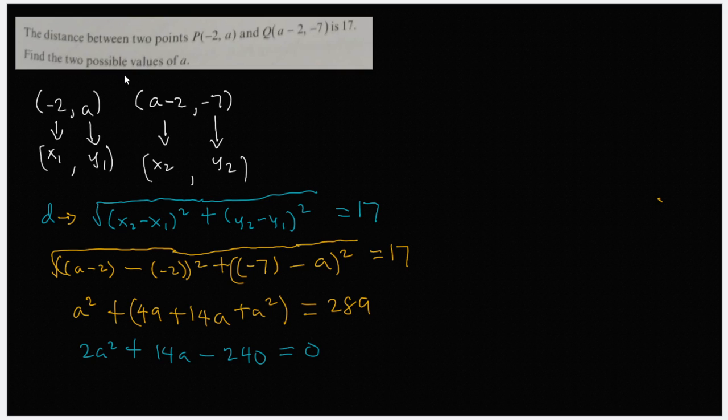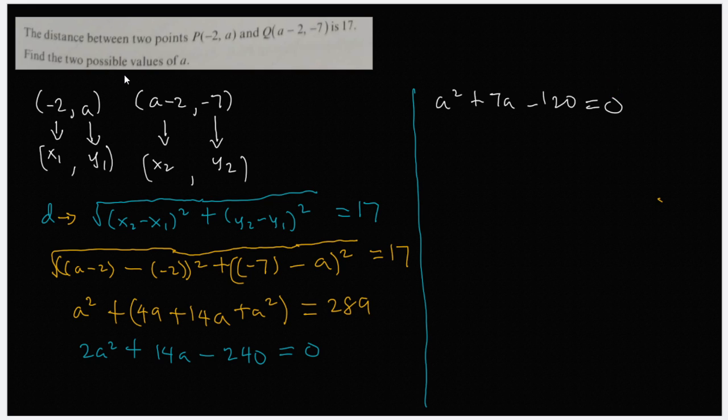Now, the given is 2a squared plus 14a minus 240. We can divide both sides by 2 to have a simpler equation. Dividing both sides by 2, we will have a squared plus 7a minus 120 is equal to 0.